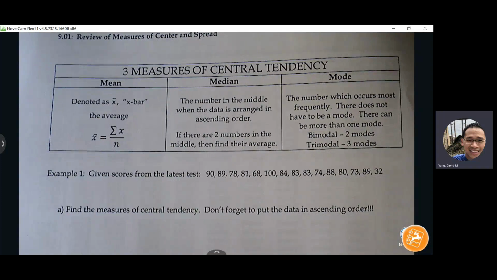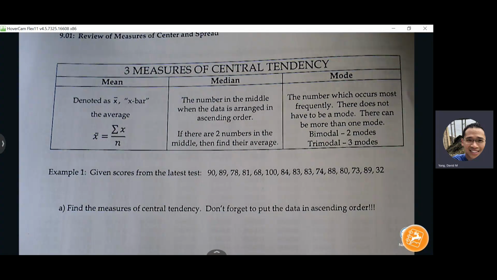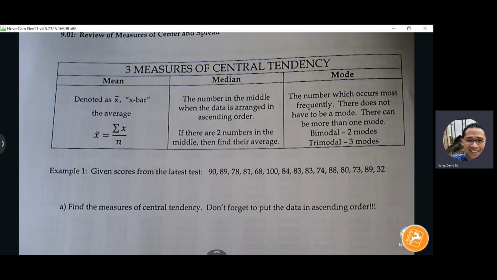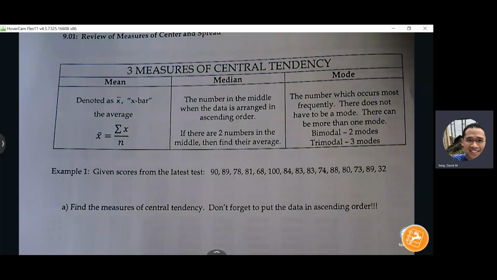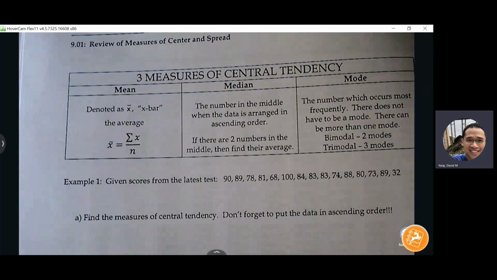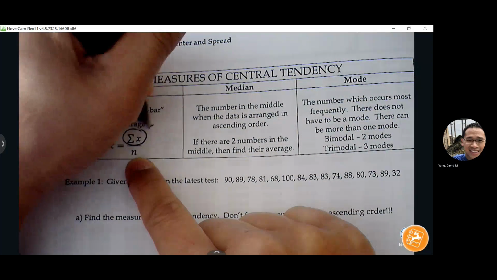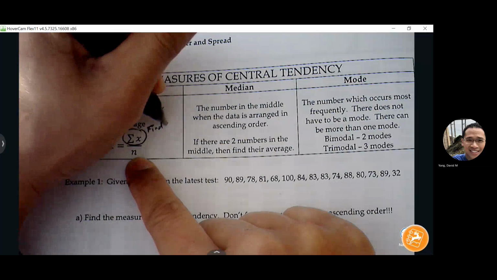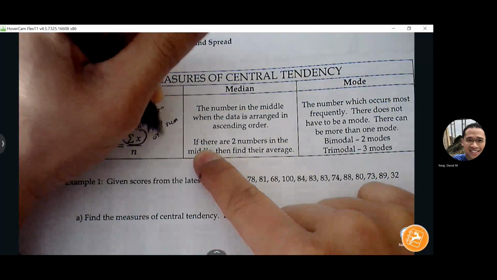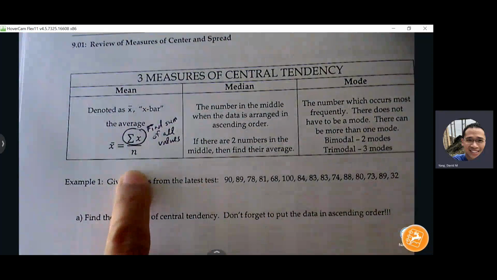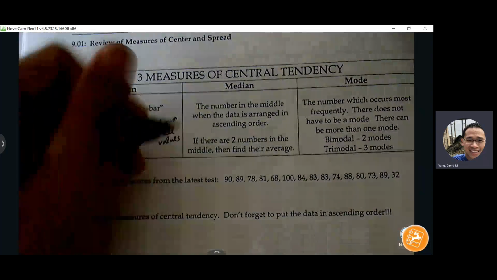Okay, so there are three measures of central tendency. You've heard this before: mean, median, mode. So mean is denoted by x bar. It's just the average. The summation of x means we find the sum of all the values, divided by however many number of terms.